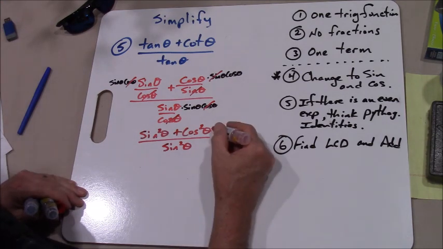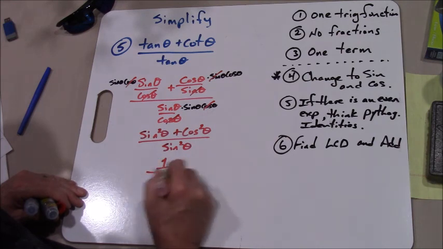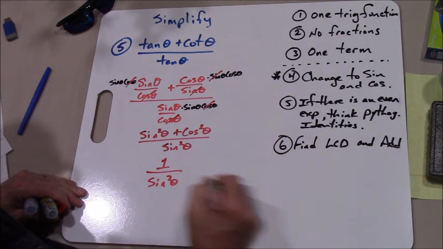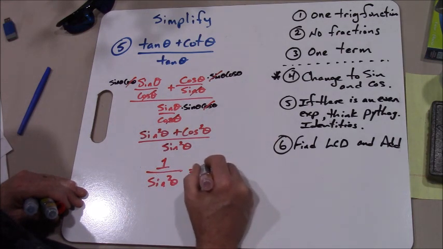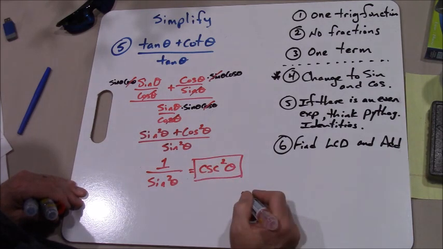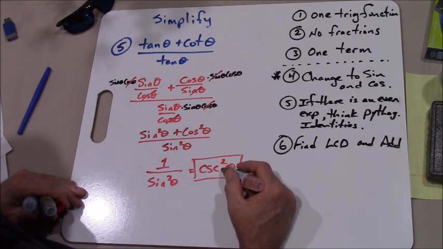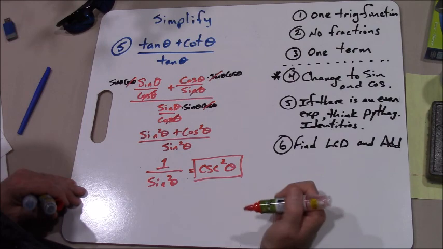And now we should recognize that as a Pythagorean identity. So that would be 1 over sine squared of theta, which is equal to a cosecant squared theta. And we've met all three conditions. I've got one trig function, no fractions, and one term.